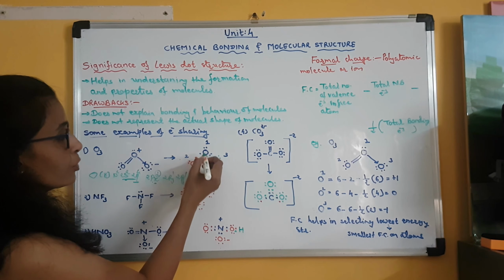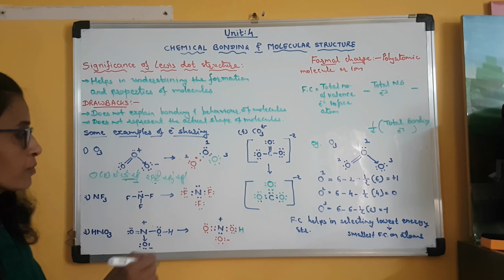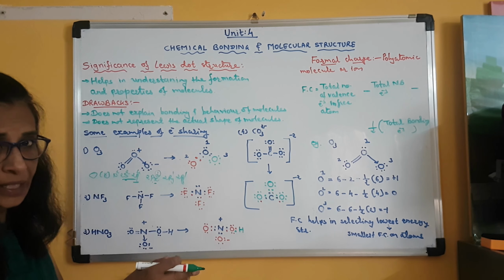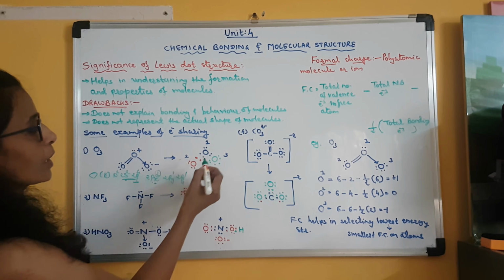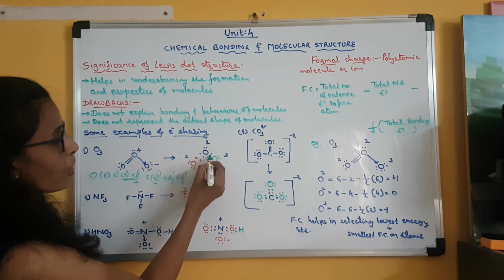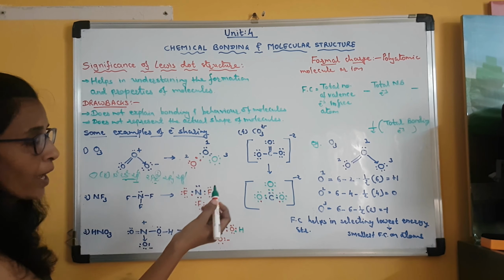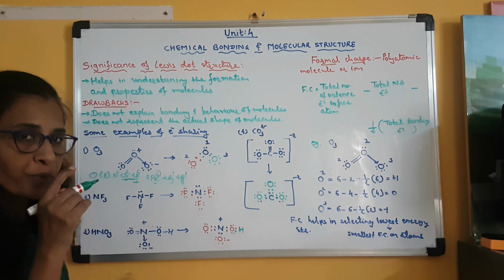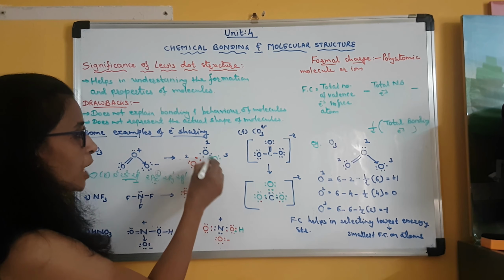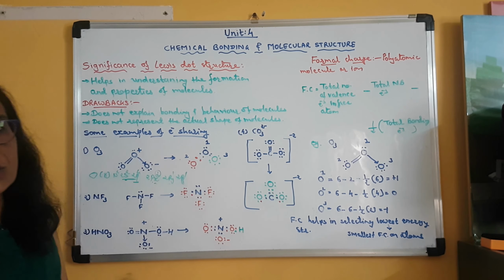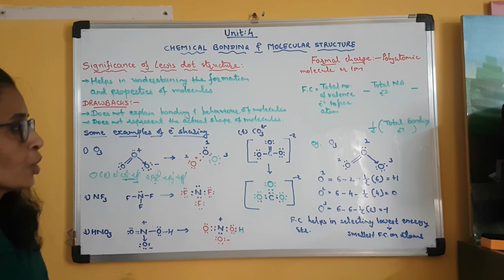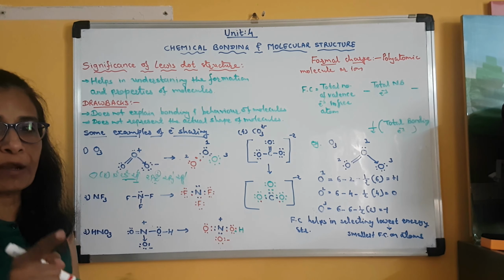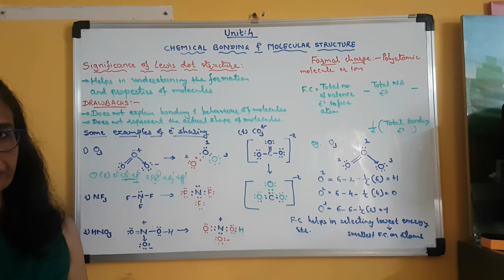So when you examine the Lewis structure of ozone which is given in the textbook, you will be able to know that one lone pair of electrons of the first oxygen atom, present in the 2px orbital, is shared between the first and the third oxygen atom. So the first oxygen atom has only one lone pair of electrons left on it.